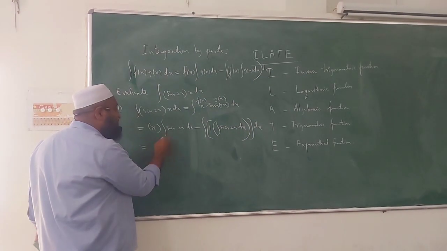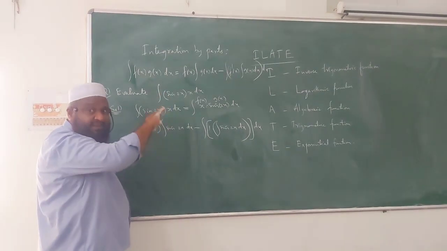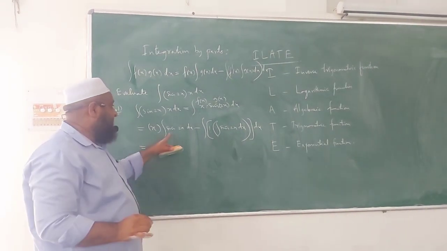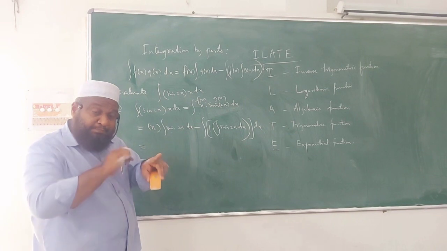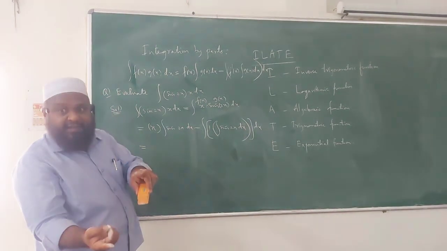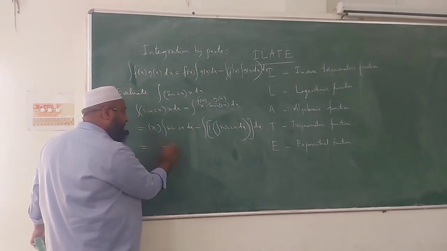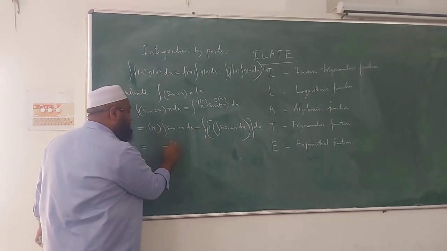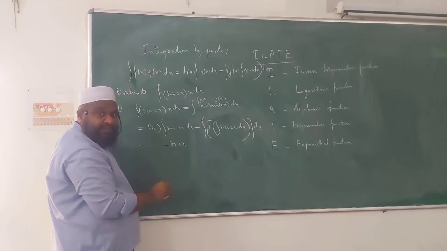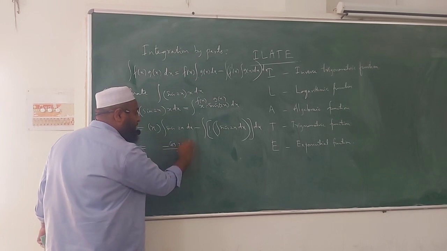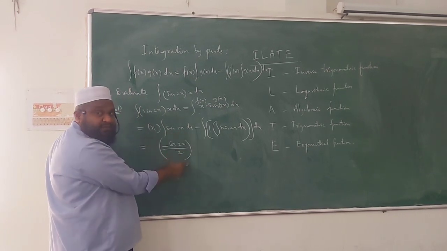Now what is the value of integral sine 2x? Earlier we have seen the shortcut formula: integral sine ax is minus cos ax by a. So it will become minus cos 2x by 2, because it's 2x here. Whatever number is there, that number will appear here.